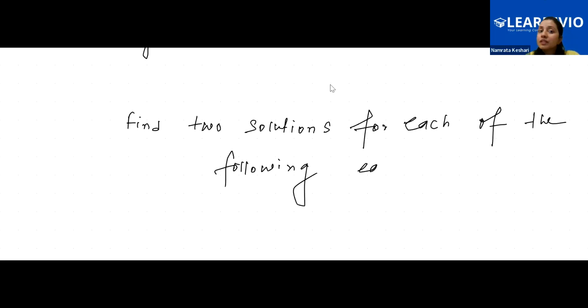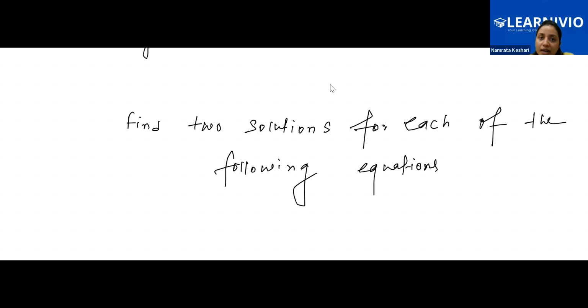How many solutions will there be when we have a linear equation in two variables? Infinitely many solutions. In an MCQ, if the question asks whether a linear equation in two variables has one solution, two solutions, three solutions, or infinitely many solutions, your answer will be infinitely many. There are so many x and y values which will satisfy the equation.